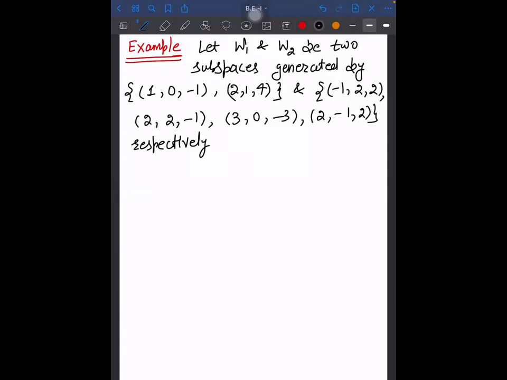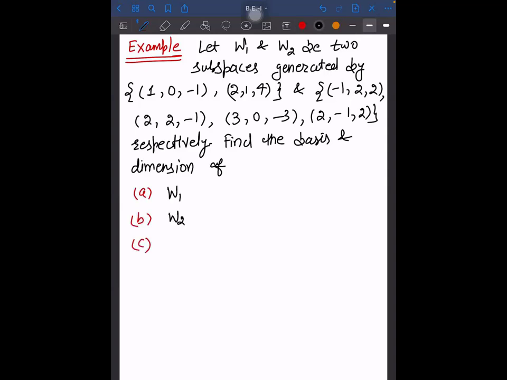Again, find the basis and dimension of three parts: one is W1, another is W2, next is W1 plus W2.